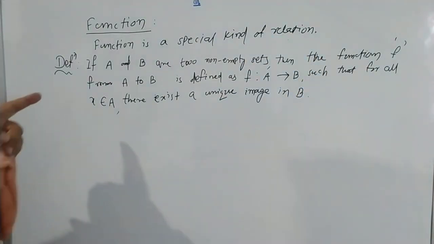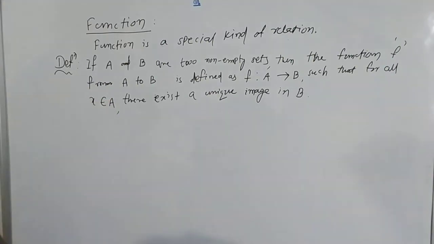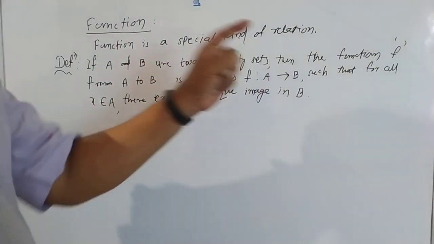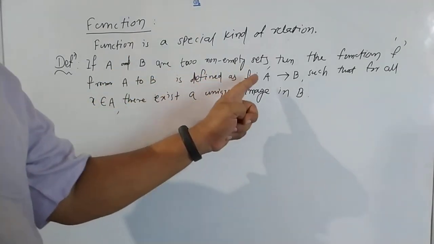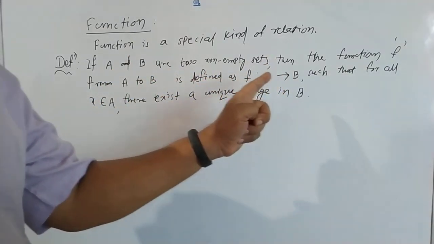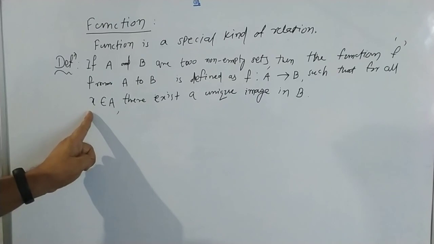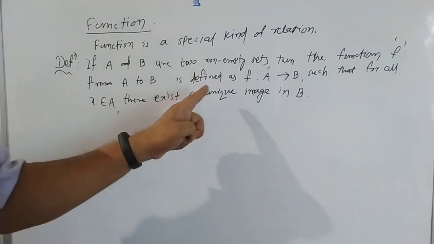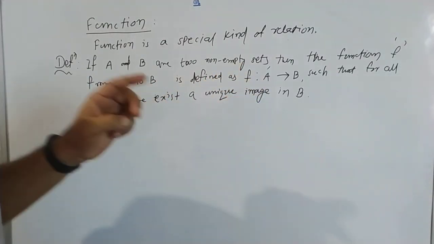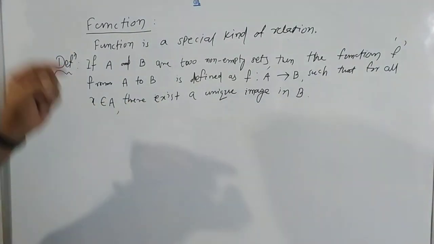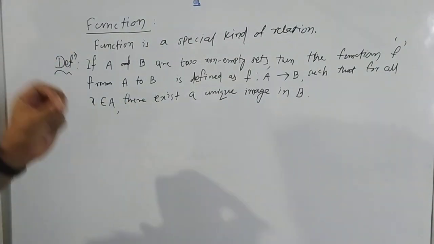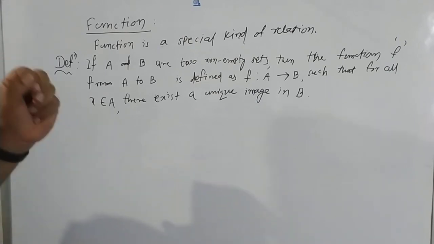So A and B are two non-empty sets. The function f is defined as a function from A to B such that for all x belongs to A, there exists a unique image in B. That means all the elements in set A must have a unique image.